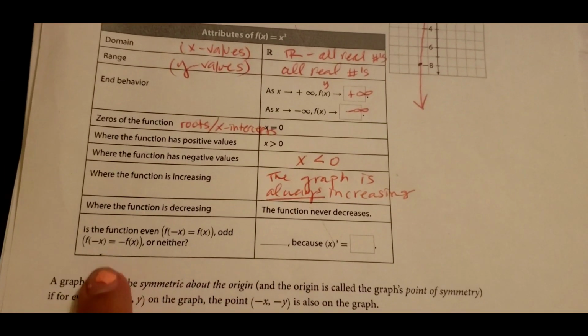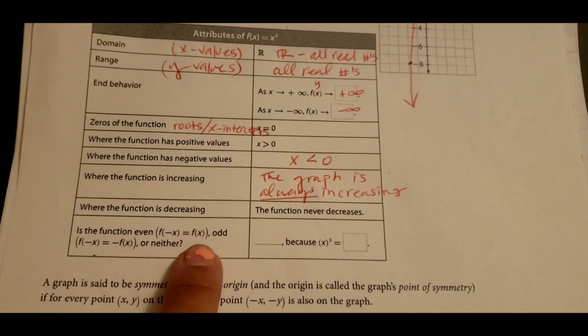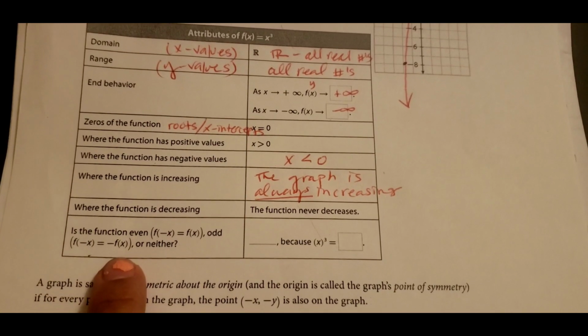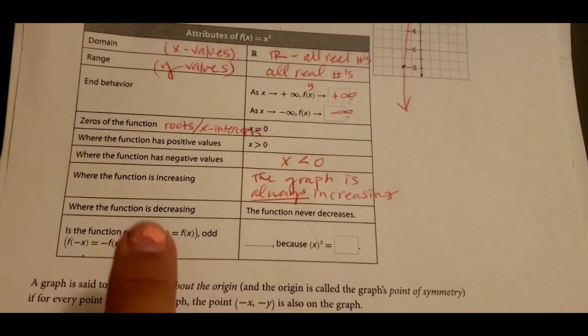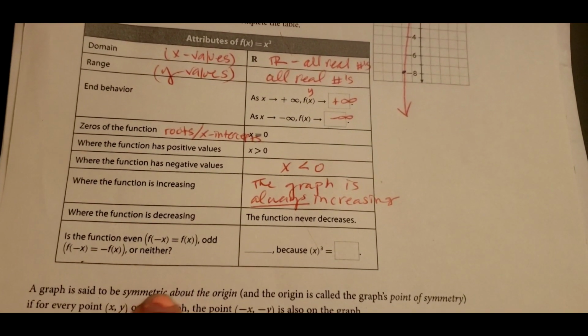Okay, and then the last part says if the function is even, f of negative x equals f of x, odd, f of negative x equals negative f of x, or neither. Well, we've actually talked about this in the previous section in 5.1.